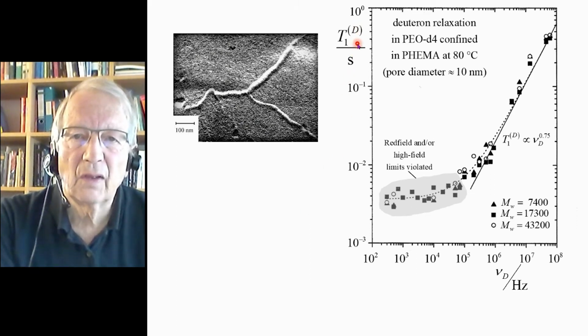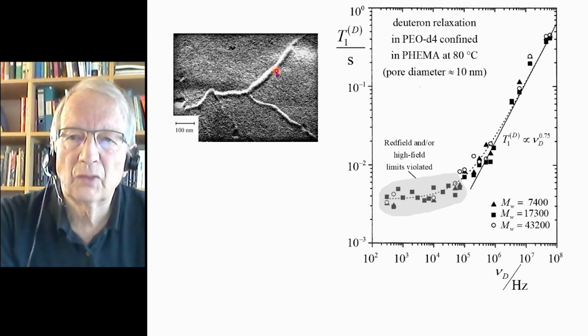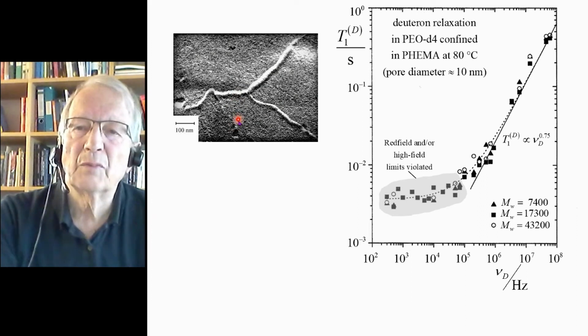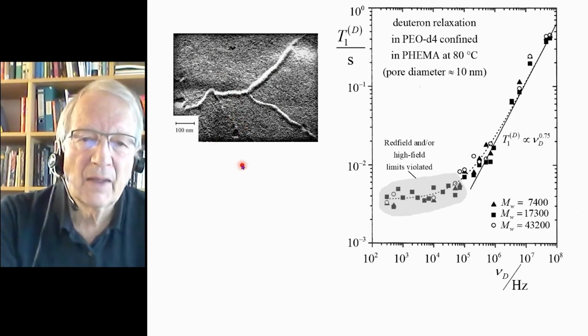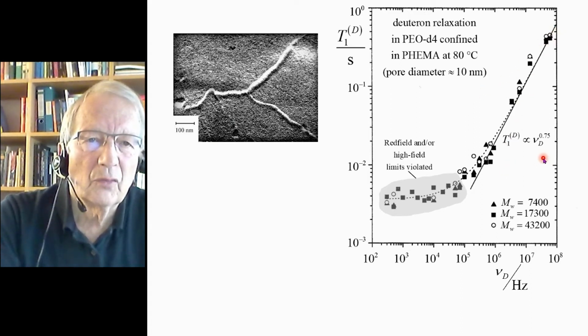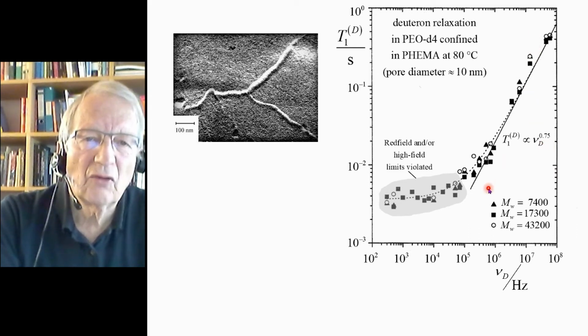Actually, this is a spin lattice relaxation time of deuterons. I mean, this is a deuterated polymer, so we can exclude that there will be any signal by the matrix. And actually, we have observed this power law, omega to the power 0.75 in a certain range.